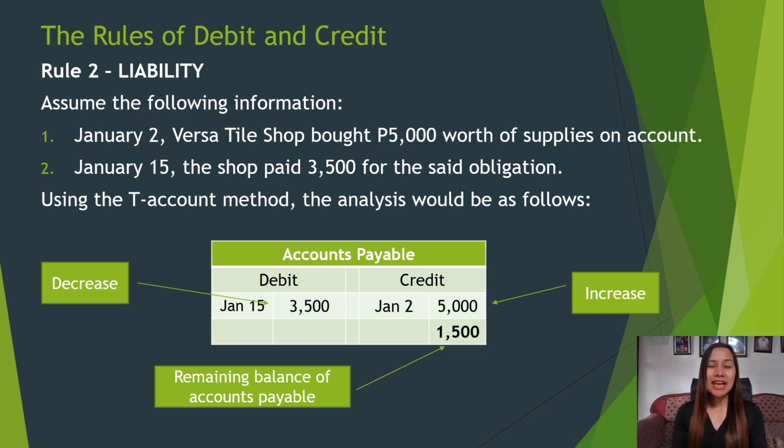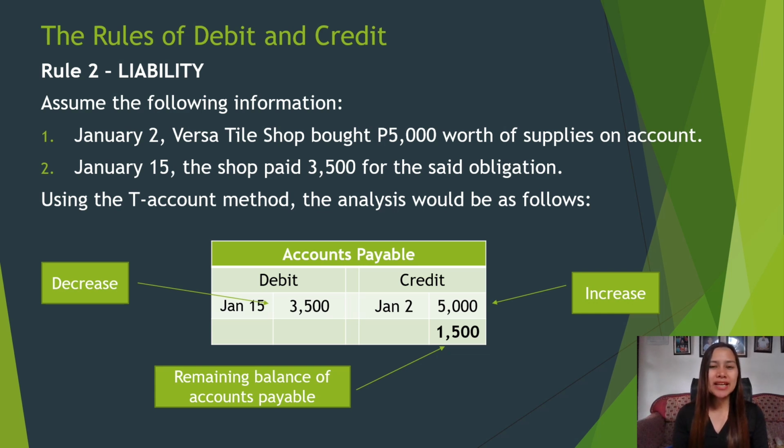Okay, let's now apply the rules of debit and credit as to liability account. So remember that liability account has a normal credit balance. So on January 2, Versatile Shop bought 5,000 worth of supplies on account. Of course, the purchase of supplies means an increase in amount of supplies. But then, purchase of supplies means also an obligation that transpired due to the purchase of supplies on account.